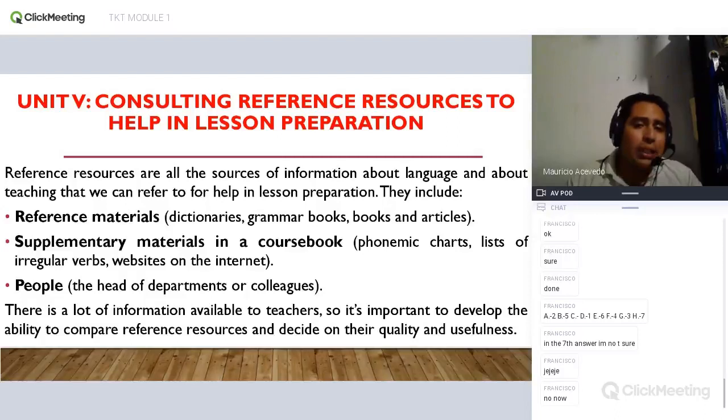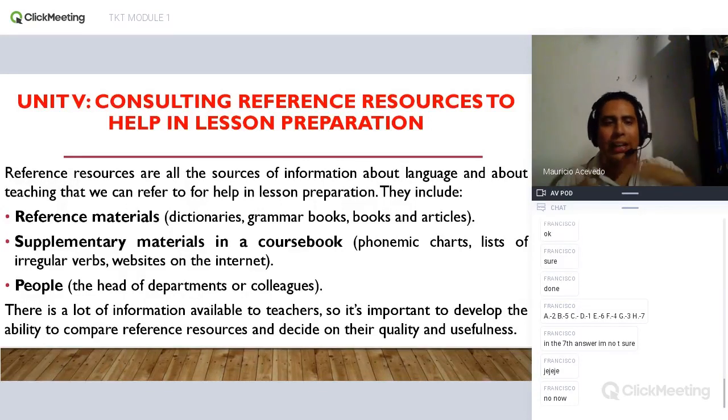So it's important to develop the ability to compare reference resources and decide on their quality and usefulness. So this is our job, Francisco. As you know, now with the internet, with all the media, we have access to a very big range of resources, but our job is to select the resources that are really good for our classes.